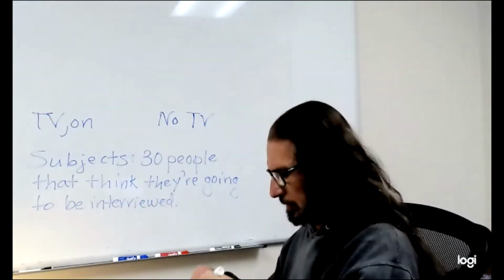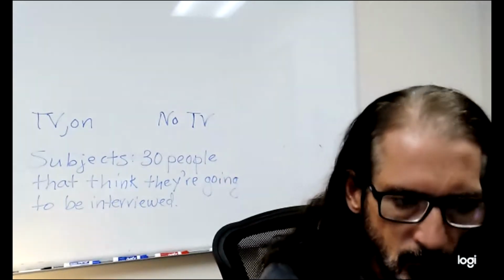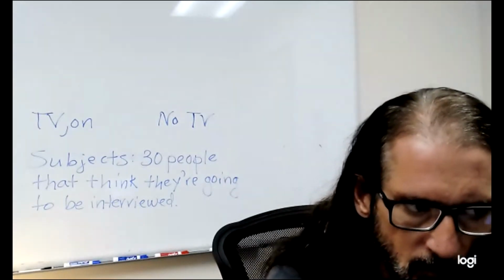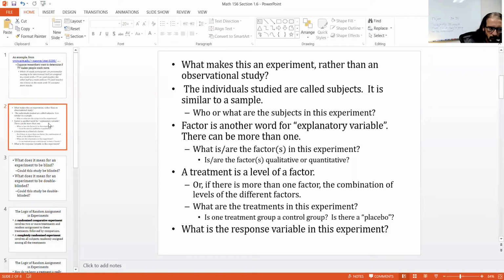All right, let's see what's next. A factor is another word for an explanatory variable. There can be more than one. And so what is or are the factor or factors in this experiment?